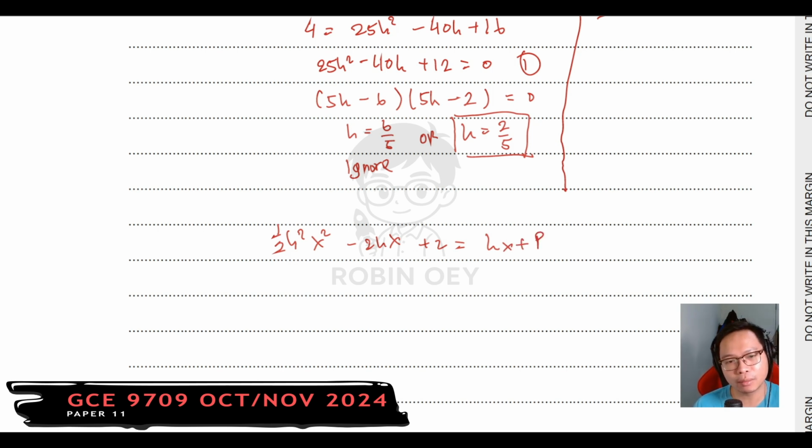So if we input the k just now, 2 over 5, so half times 2 over 5 square times the x square, and then minus 2 times 2 over 5 times x plus 2 equals to 2 over 5x minus half.